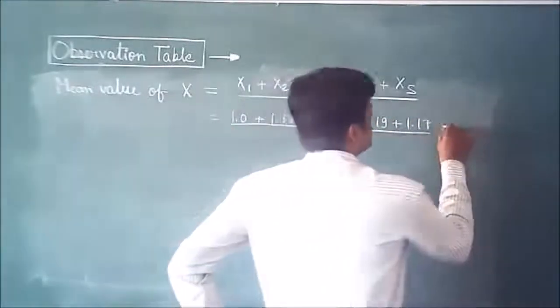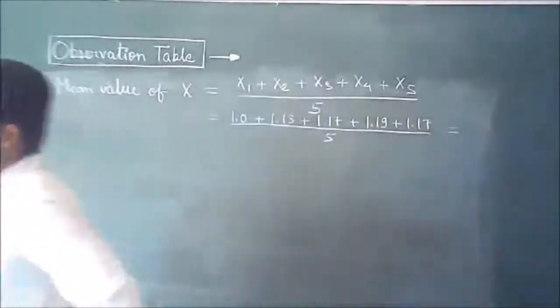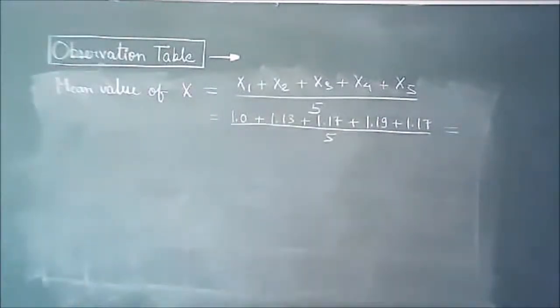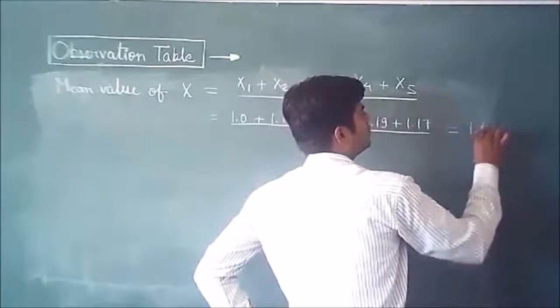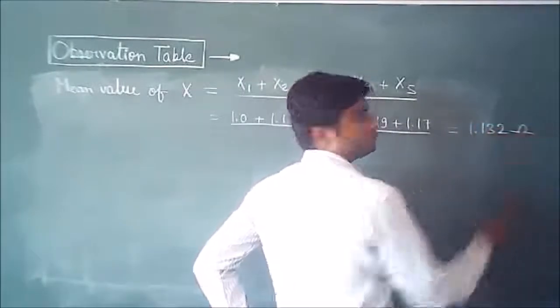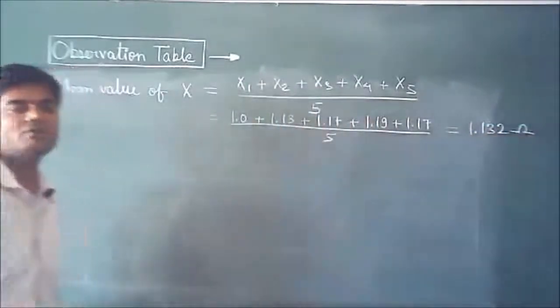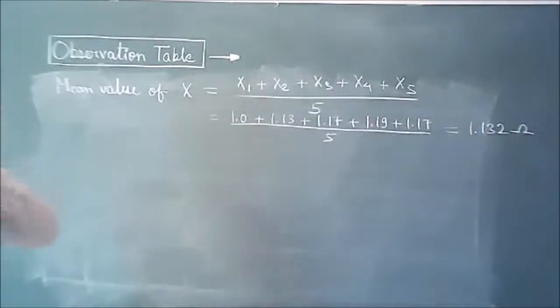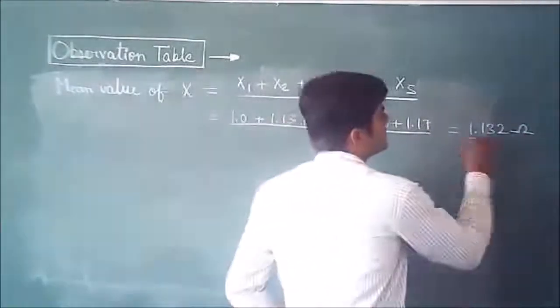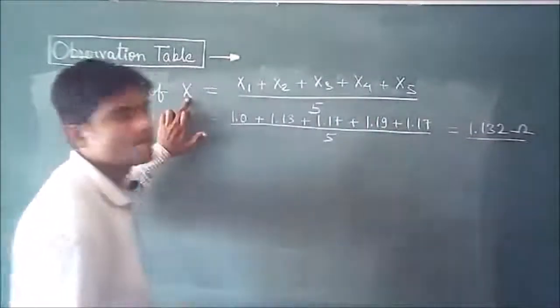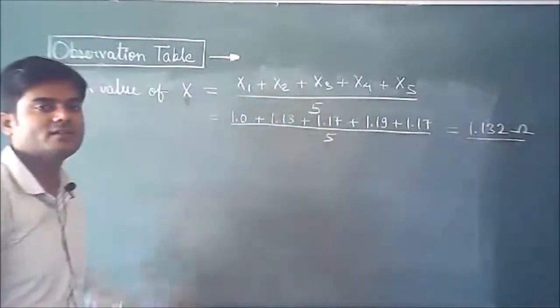When we add and divide it by 5, it comes to be 1.132. Check if your answer is also the same. So this is our resistance value of X, the mean value of X.